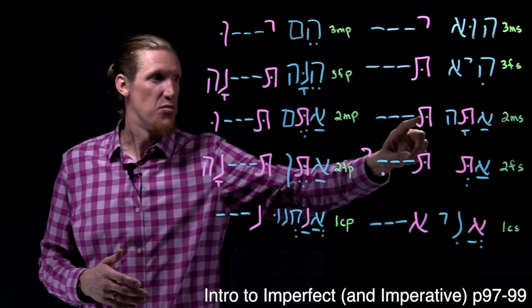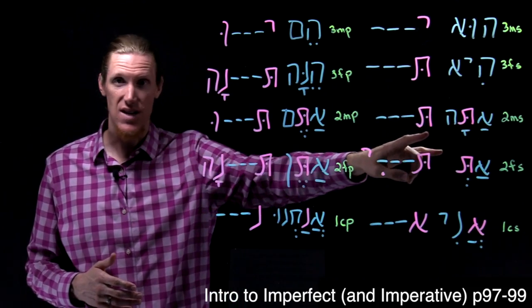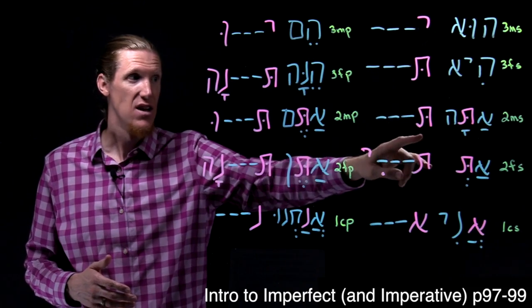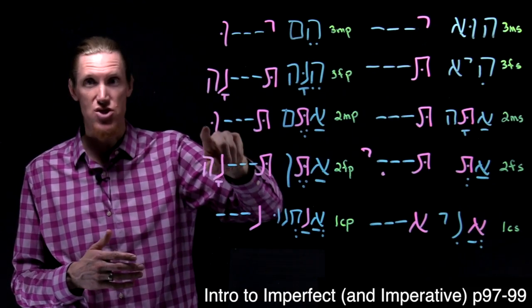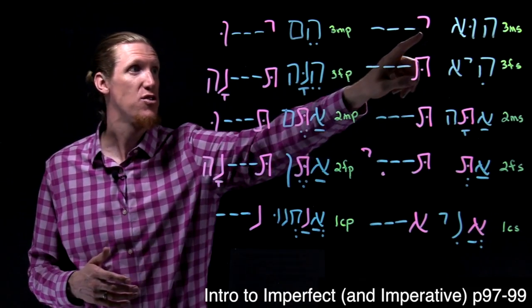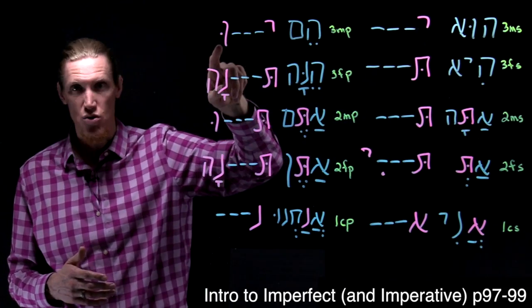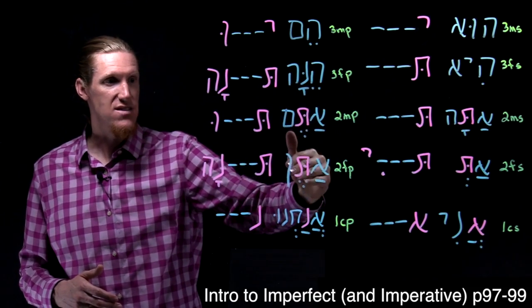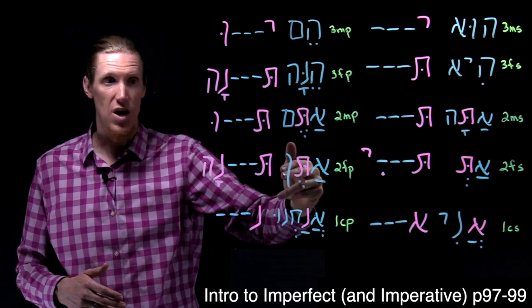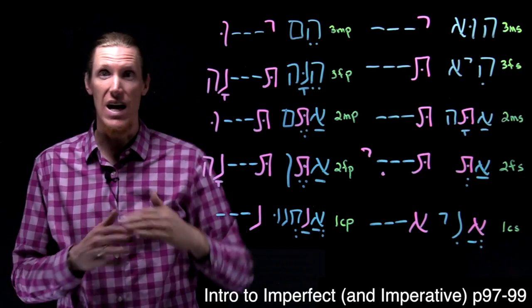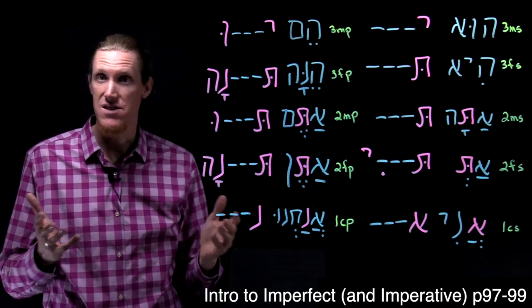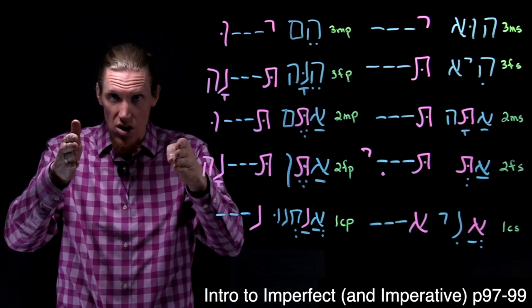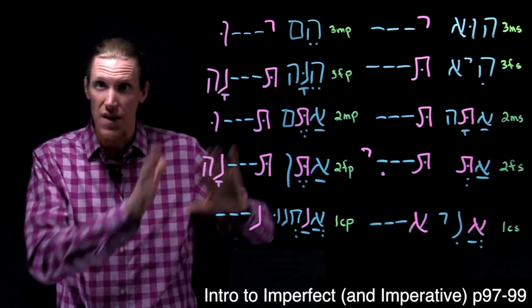So the second masculine singular is a tav with nothing on the end. The plural is a tav with a shurik vav, the u. Same with the third person: yod, yod with a u on the end. You'll notice that both third and second feminine plural prefix forms are exactly the same. Context will determine whether it's y'all female or them female.